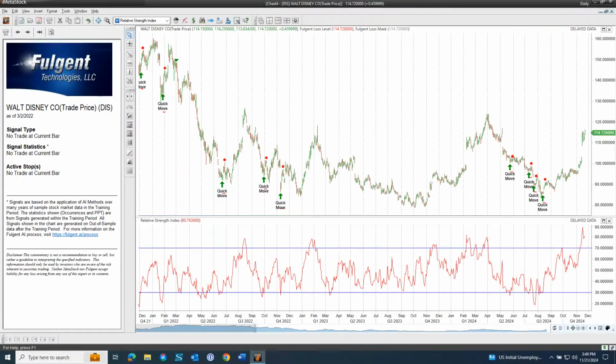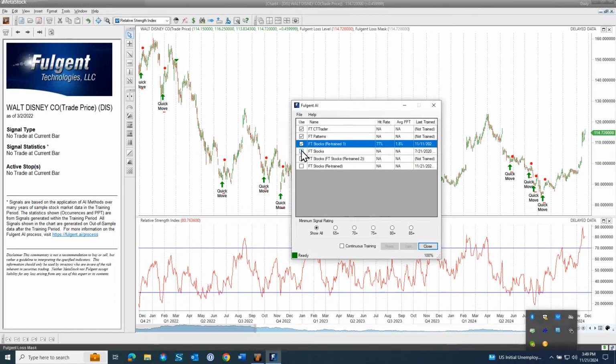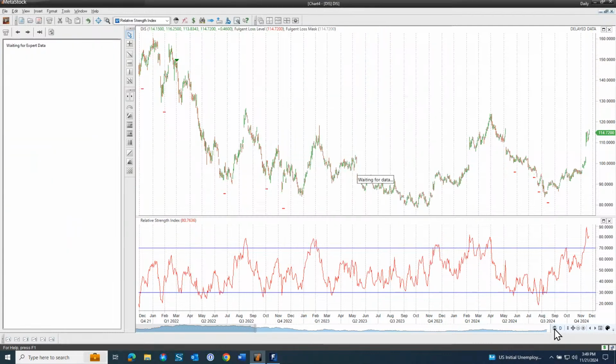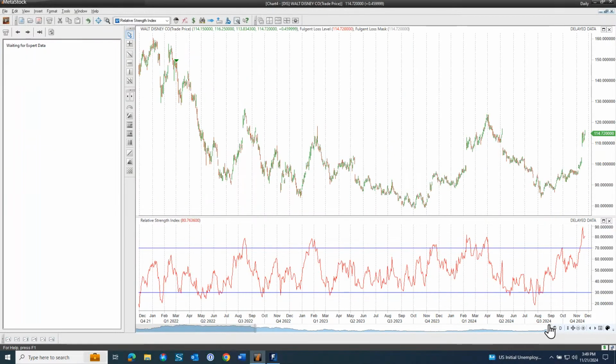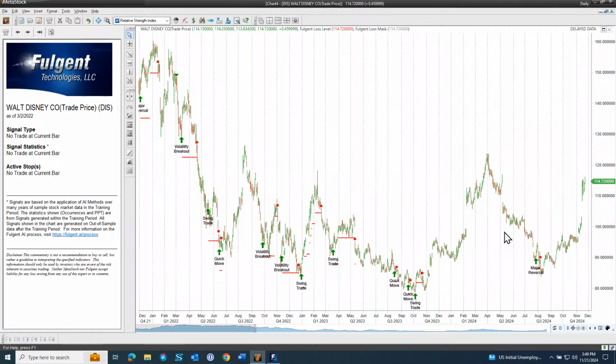Let me go ahead and change experts here to, where is it? Fulgent, right there. Go ahead and go to FT stocks, and I'm going to say, okay, refresh that. All right, and this is no longer applicable, so I'm going to delete it right here.